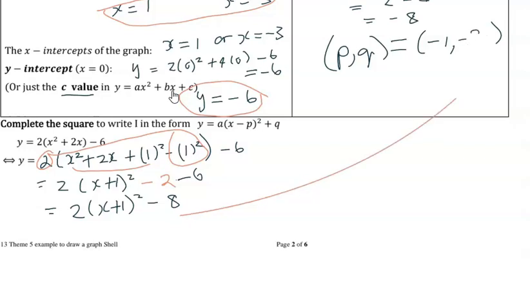It's minus 8. So this is my q value, and my p value is also in that equation there, because the x plus 1 comes from 2(x minus p) squared minus 8. So this is my p value, and this is my q value.